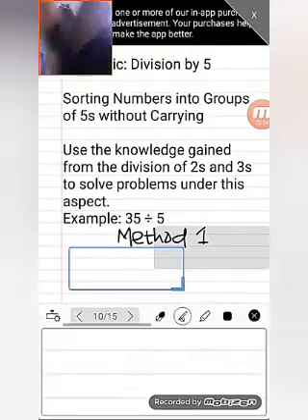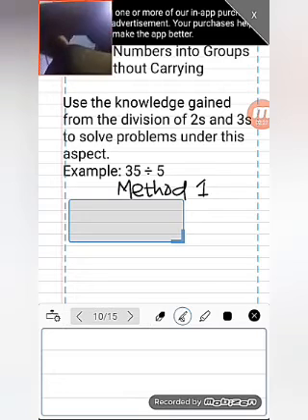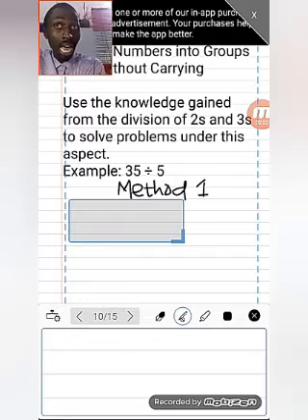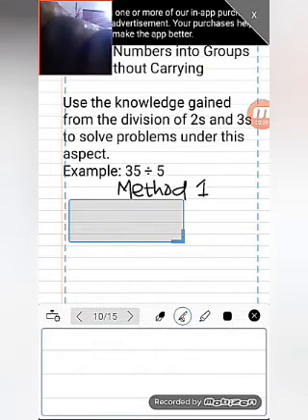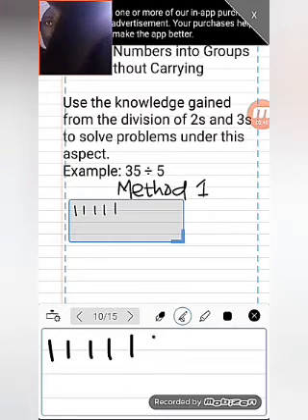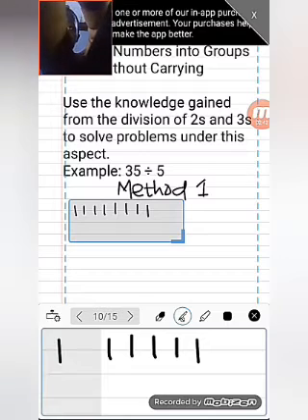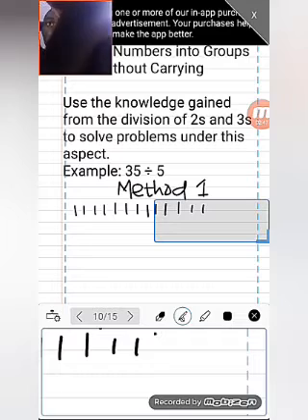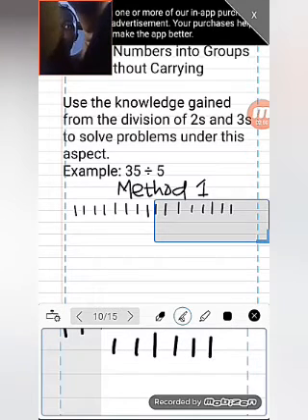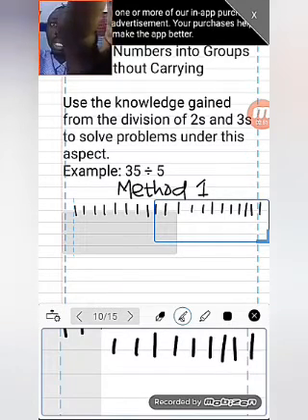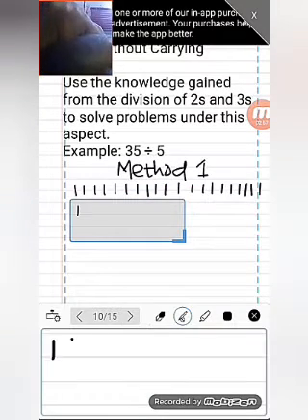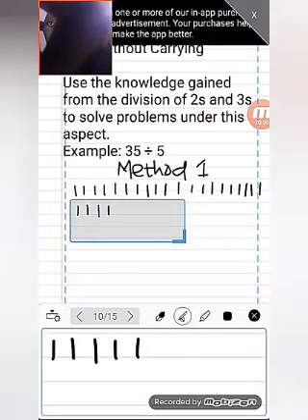To do method 1, we simply count to 35. That's long, but we count it for the sake of showing that we can actually use the counting method, though it's rather slow. So let's start. 1, 2, 3, 4, 5, 6, 7, 8, 9, 10, 11, 12, 13, 14, 15, 16, 17, 18, 19, 20. Okay, let's continue. 21, 22, 23, 24, 25, 26.